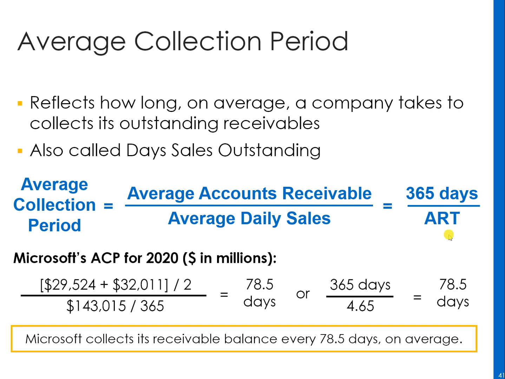Or an easy way to do that is 365 days divided by accounts receivable turnover. Remember, the previous turnover is 4.65. 365 days divided by 4.65 equals almost 78 days. So in this case, the company collects accounts receivable every 78 days on average. And the shorter the average collection period, the more efficiently it deals with accounts receivables.